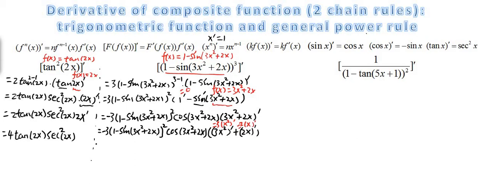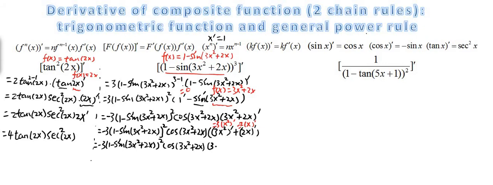So we can copy again. Negative 3, 1 minus sine 3x squared plus 2x squared cosine 3x squared plus 2x. And here we're gonna apply the power rule.